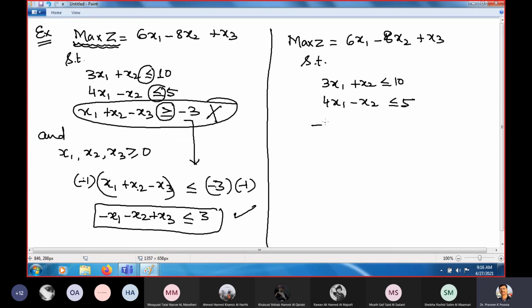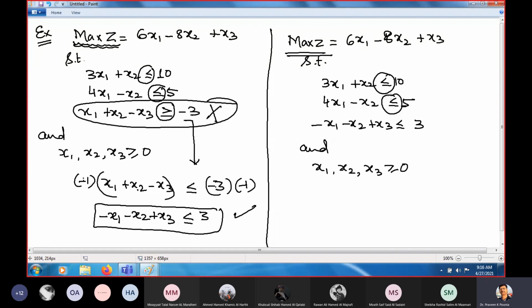We will use minus x1 minus x2 plus x3 less than or equal to 3, and x1, x2, x3 all greater than or equal to 0. So dear friends, now this is a maximization problem. Here it is less than, here it is less than, here it is less than. That's all. Now you can solve it by adding slack variables, making the table, and solving.